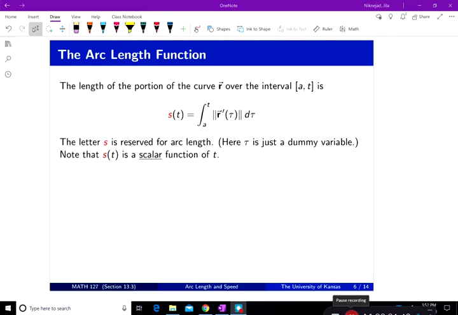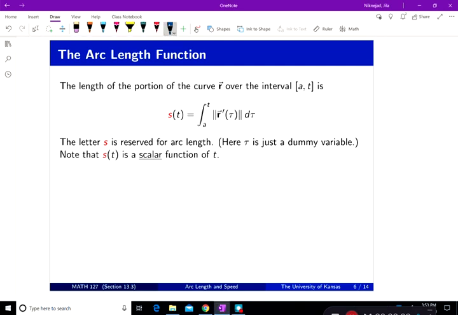So the next thing to notice is that we're saying that s of t is the arc length. And if we're discussing arc length and a moving particle, how do I find the speed of the moving particle? The speed of the moving particle at any time is going to be the derivative of s of t with respect to time.